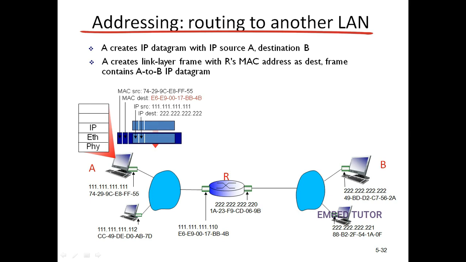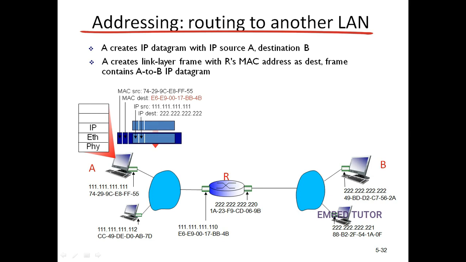So the frame formulated by the node A has a MAC destination of E6E90017BB4B, which is nothing but the MAC address of the Ethernet interface E1 of the router R.